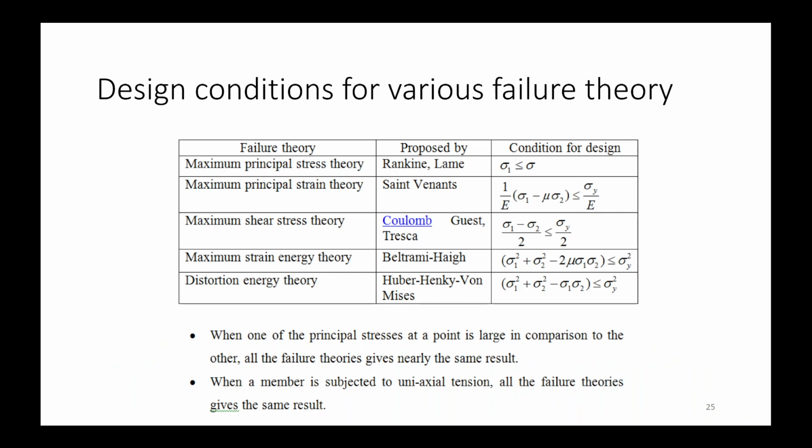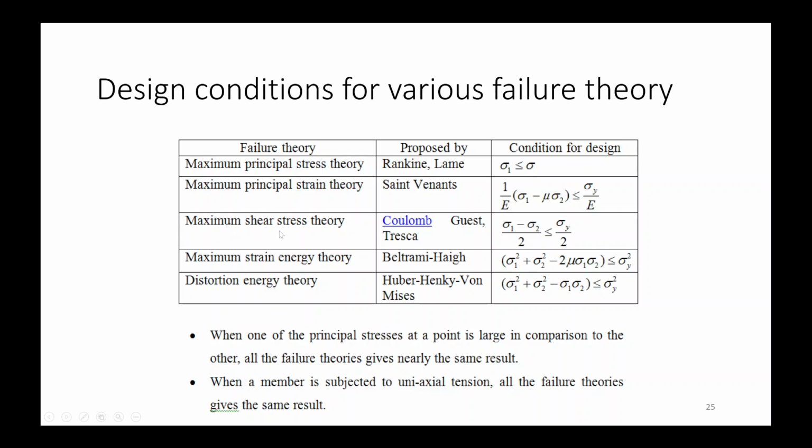Now, design conditions for various failure theories. In the case of the maximum principal stress theory, given by Rankine, the condition for design is that sigma 1 should be less than or equal to the yield stress, or the principal stress should be less than or equal to the UTS or yield stress, depending on material type. In the maximum principal strain theory, we have 1 upon E times (sigma 1 minus mu sigma 2). Here strain is used, so we are dividing by the elastic modulus.